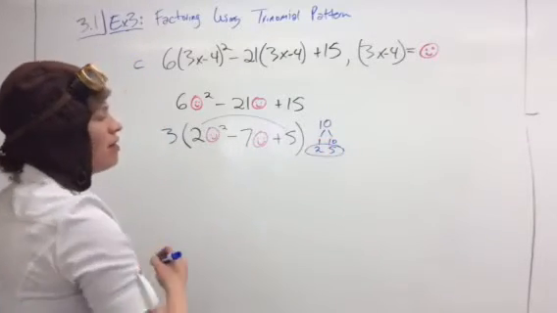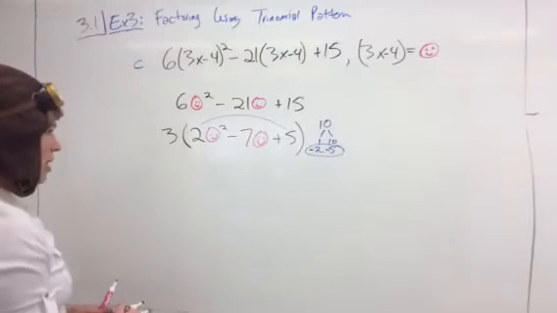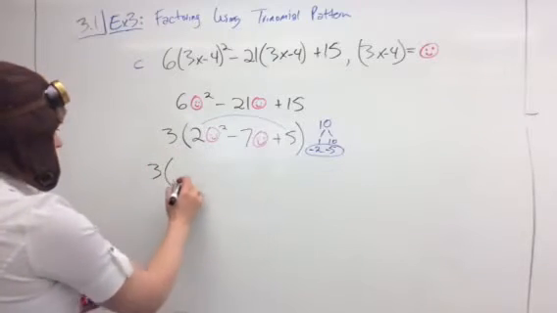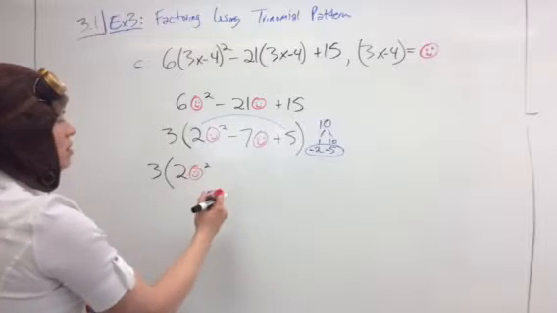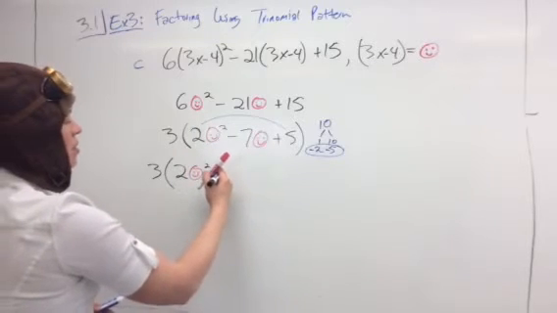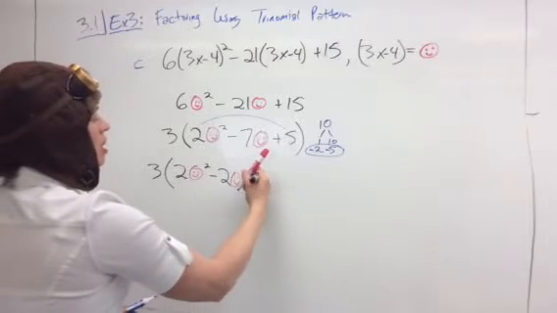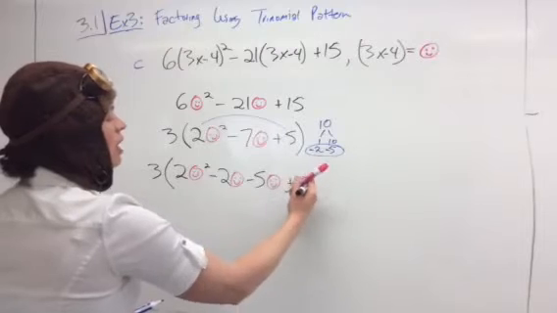Hey, look, 2 and 5 work as long as they're both negative. So I'm going to rewrite this again, put the 3 on the outside, and I've got my 2 pink smiley face squared minus 2 pink smiley face minus 5 pink smiley face plus 5.